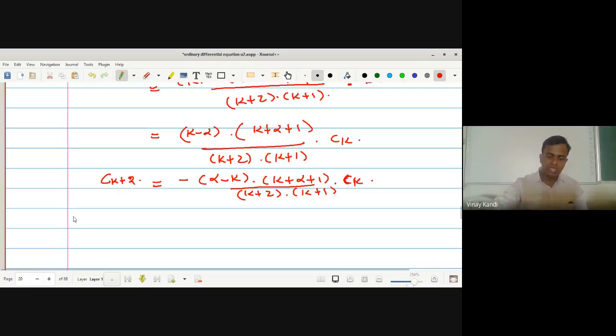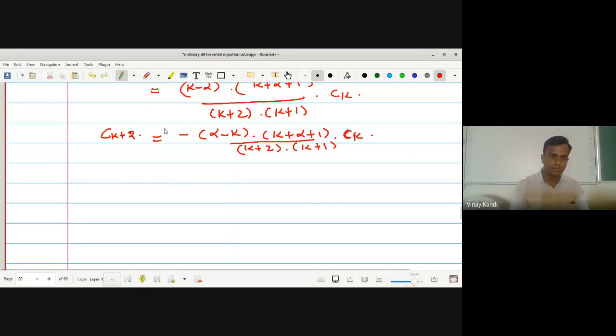So now put k equal to 0. What we get? C2 is equal to minus alpha minus 0 into 0 plus alpha plus 1 divided by 2 into 1 into C naught.